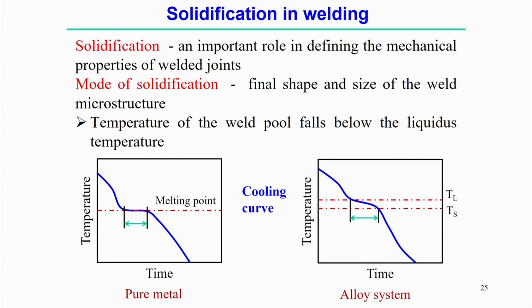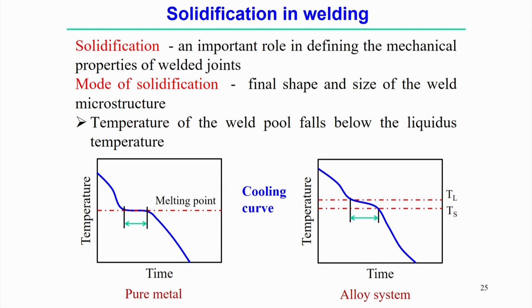So, the molten pool gradually solidifies and comes back to the ambient temperature, or maybe the service temperature. During the cooling period, the thermal cycle, the time-temperature cycle, and the rate of cooling are very significant in the solidification process of any welding process, because the solidified structure actually decides the mechanical properties of the weld joint.